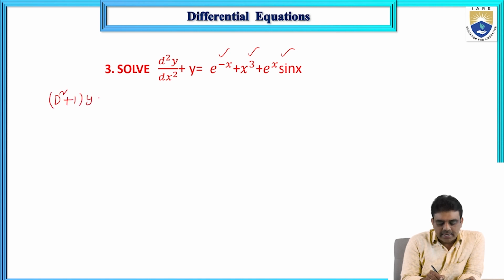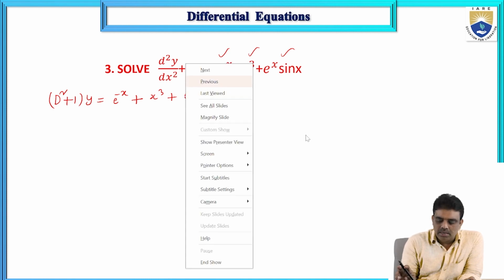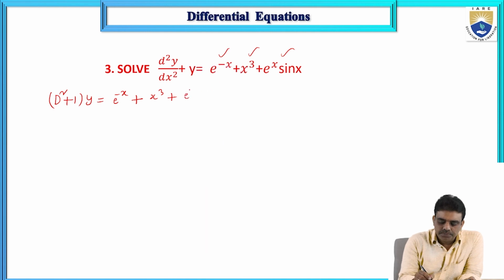The operator form I can write: D square plus 1 of y is equal to e power minus x plus x cube plus, what is the third term? e power x of sin x. So now as usual find complementary function and then particular integral.